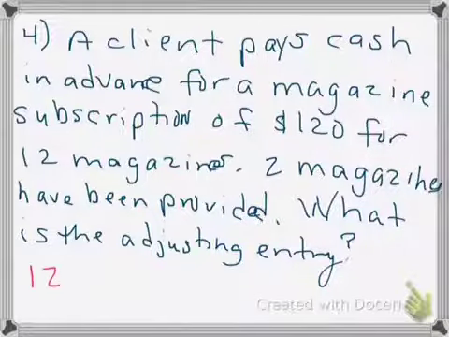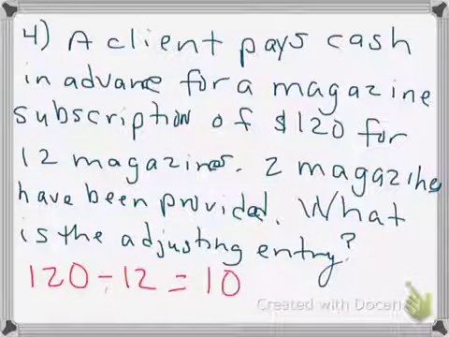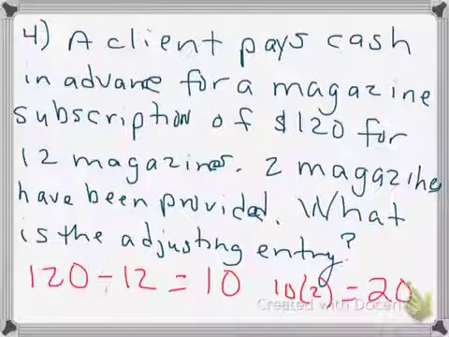So we really need to know how much is out there per magazine. If we take the $120 and divide that by 12, we find we are earning $10 per magazine. They have actually provided 2 magazines, so they have earned $20 of that money.